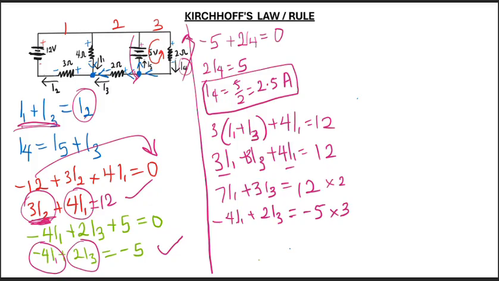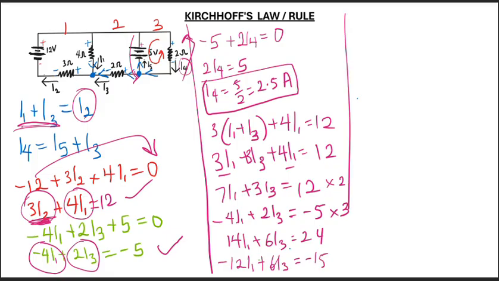Now 2 times 7 is 14, so I have 14I1 plus 2 times 3 is 6I3 equals 24. And for the one under, 3 times negative 4 is negative 12I1 plus 3 times 2 is 6I3 equals 3 times 5 is 15.